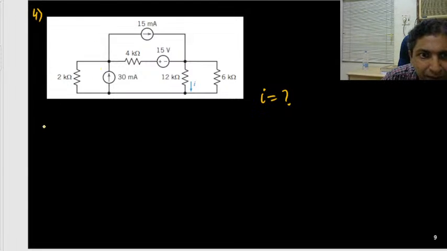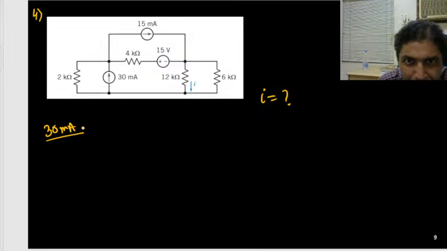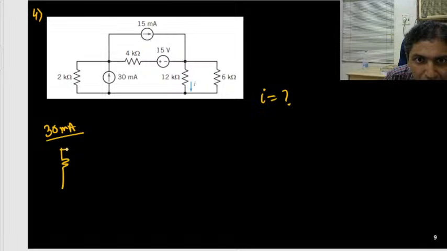So only the 30 kilo ohm is acting alone. The 30 milliampere source is acting alone. Can you see how the circuit looks? I am going to use the superposition principle.